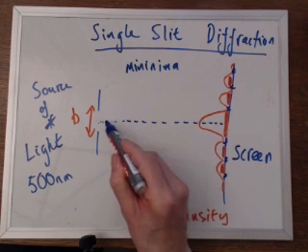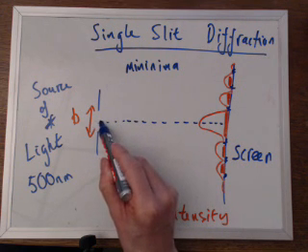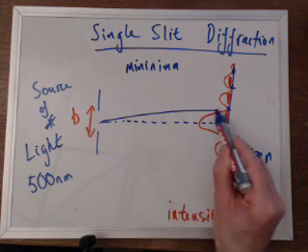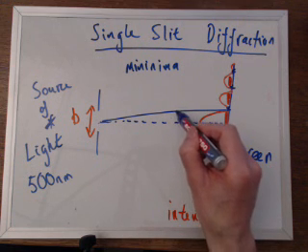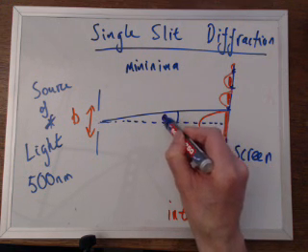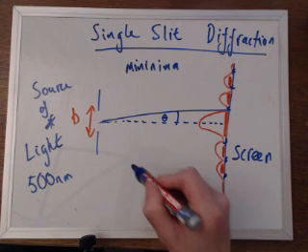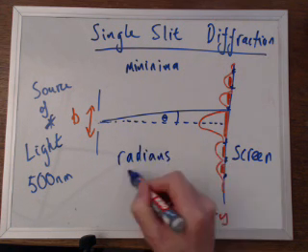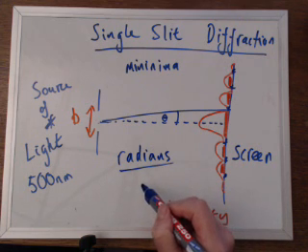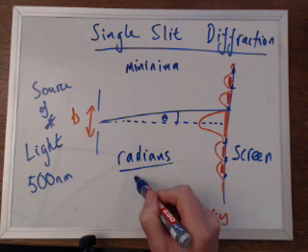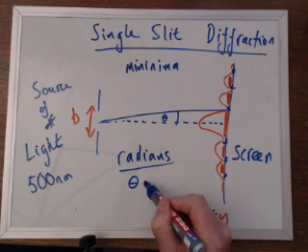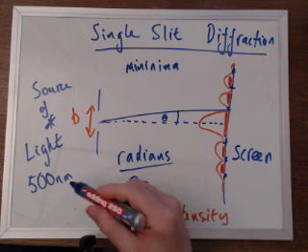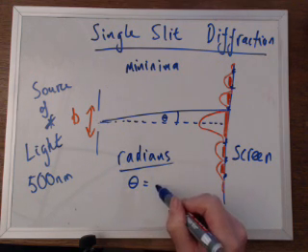Okay, and if we were to take from the centre of the slit, then draw a line to the first minimum and measure the angle there. And if we use radians, always use radians, we'll find for ourselves that the angle to the first minimum, theta, is equal to the wavelength of the light, which is 500 nanometers.